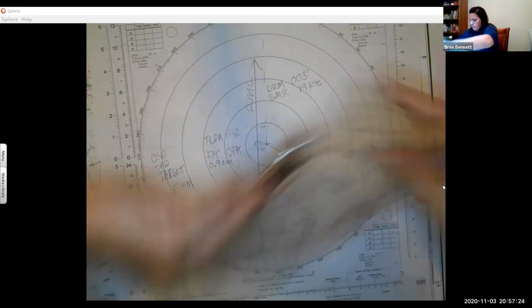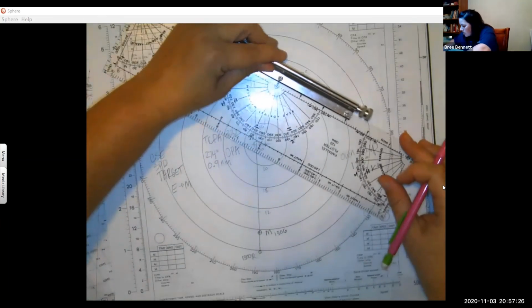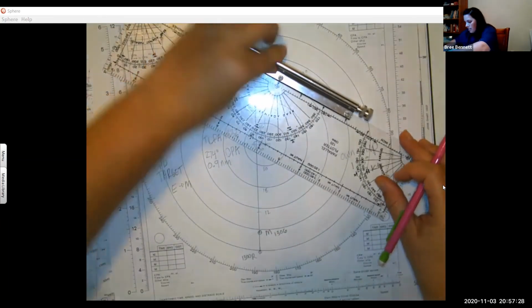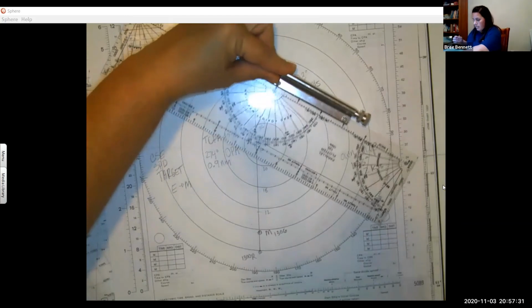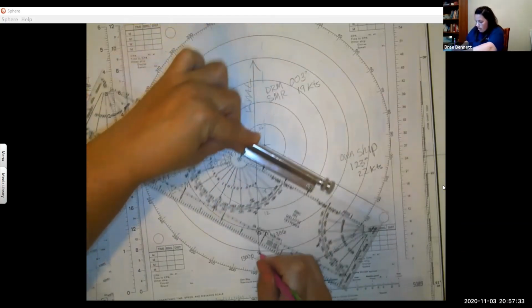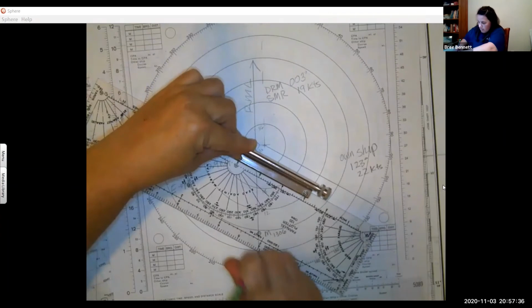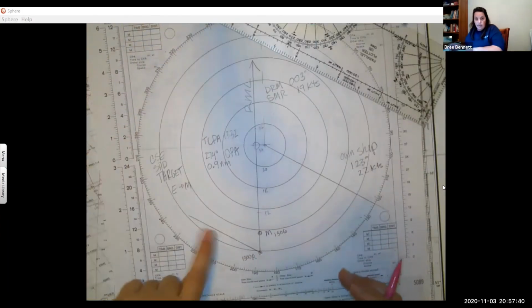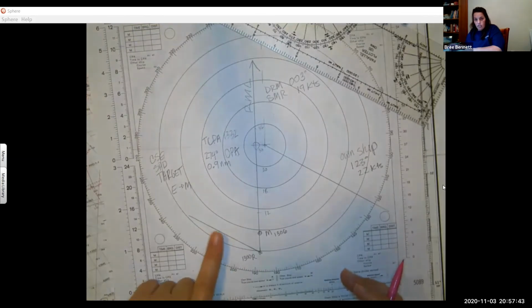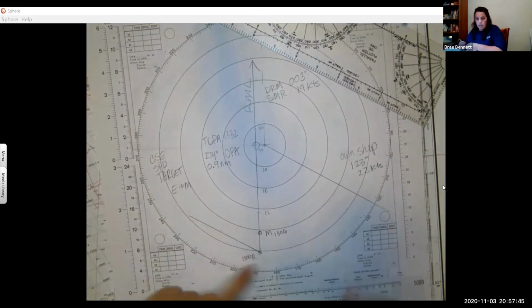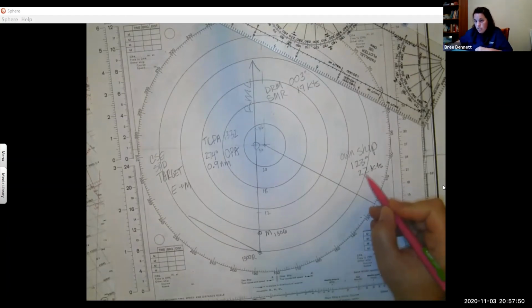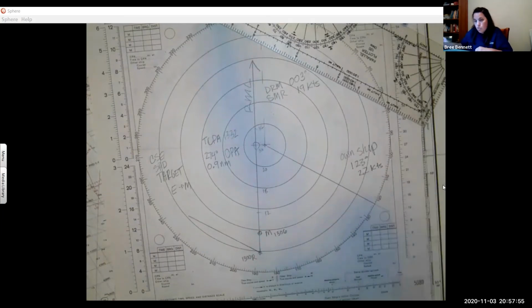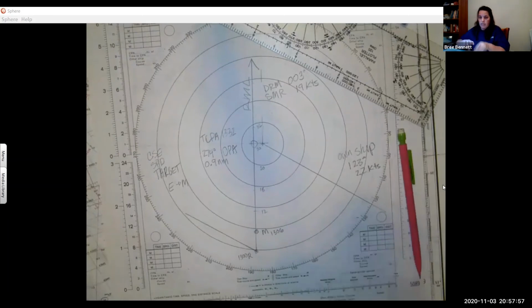I'm running off my chart here. Parallel my heading line to my R. Then I'm going to draw a line back. So that's my direction, but I need to figure out where my E is so I can go from E to R. In 6 minutes, my speed is 22 knots, so I would have traveled 2.2 nautical miles.